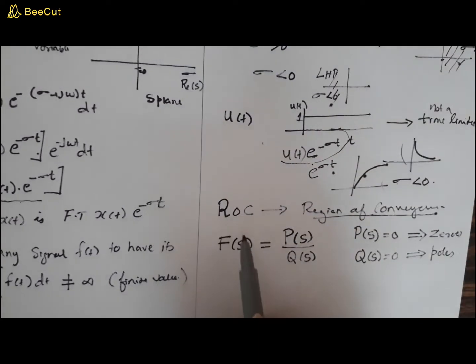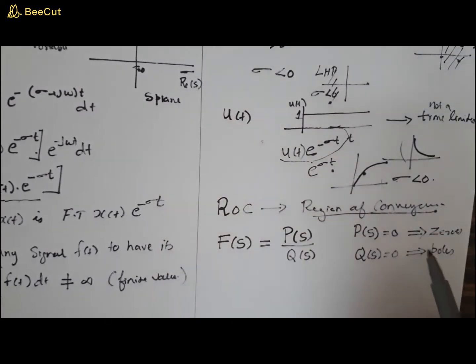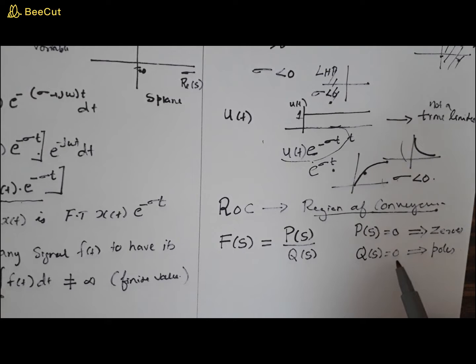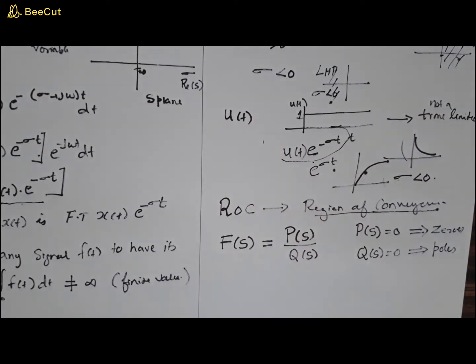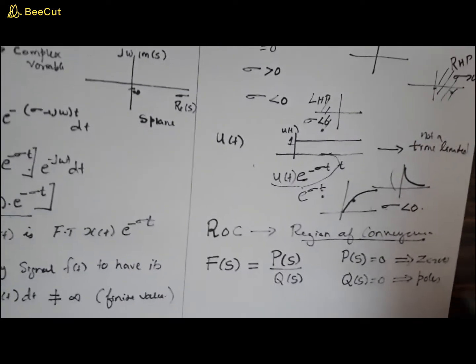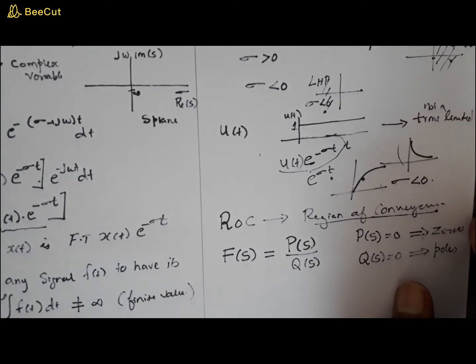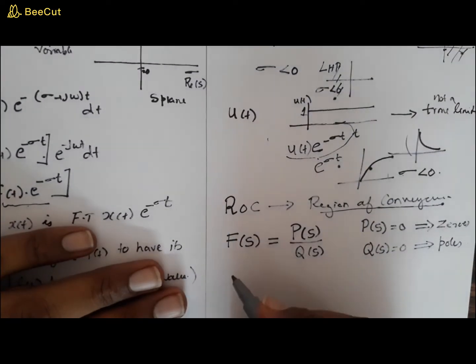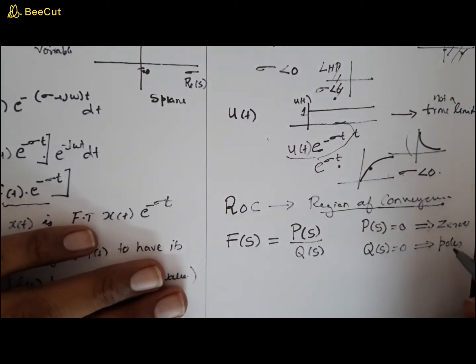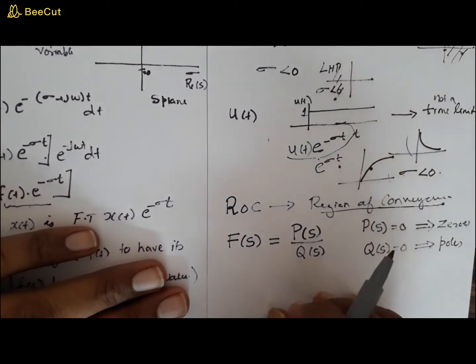at the zeros, this function will have a value 0. Whenever Q of s becomes 0, the function extends to infinity at the poles, so therefore the name zeros and poles. Now basically this function has got a shape because of the zeros and poles. If there were no poles or zeros, it would just be a constant function.